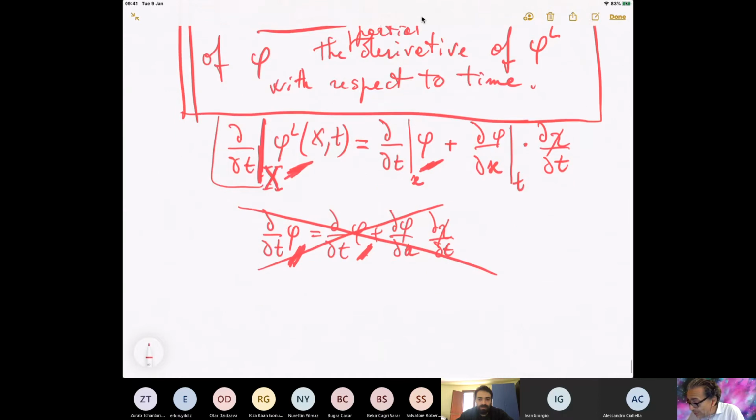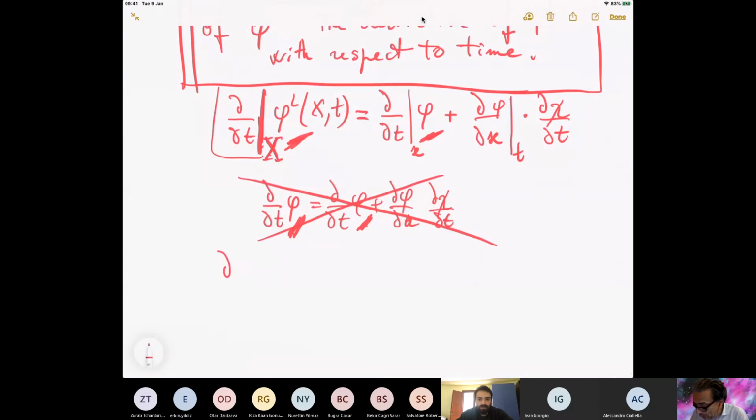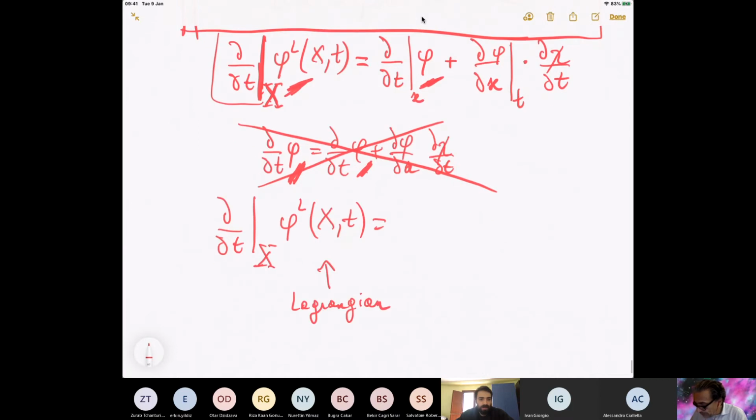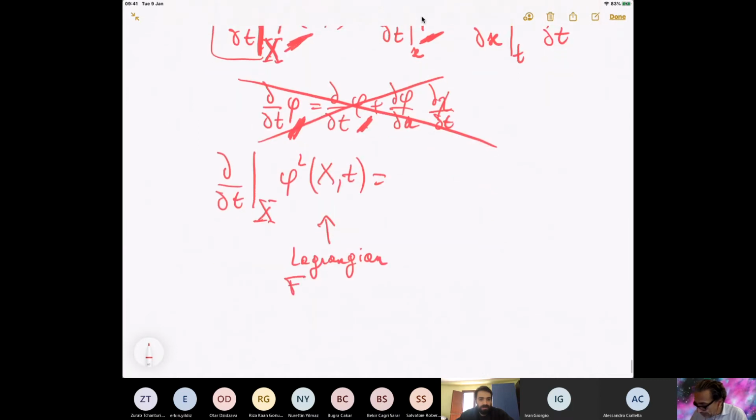Now remark that we have d over dt at X blocked of phi L of X and t. This is a field.